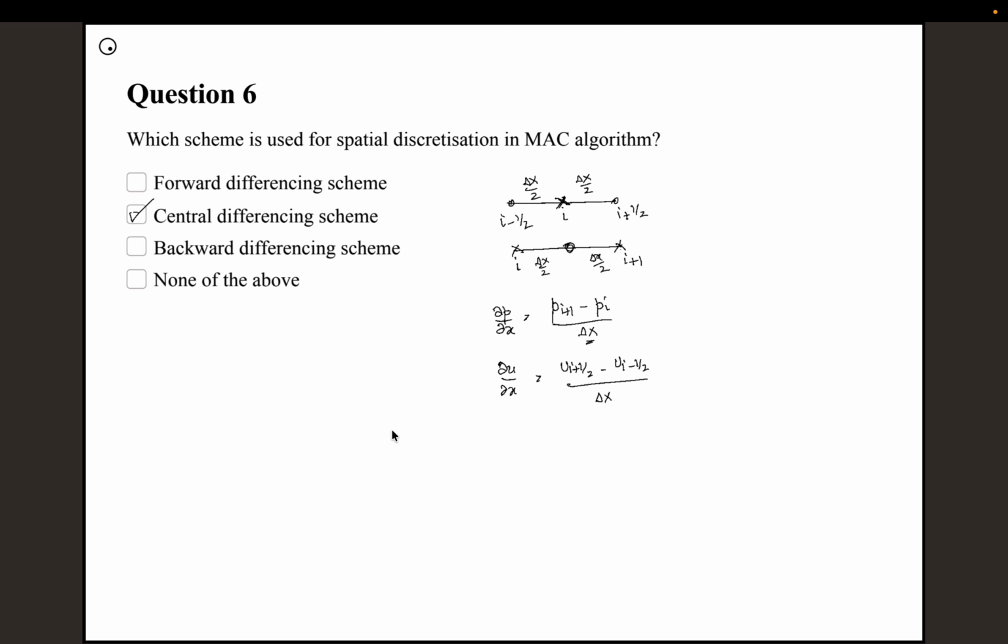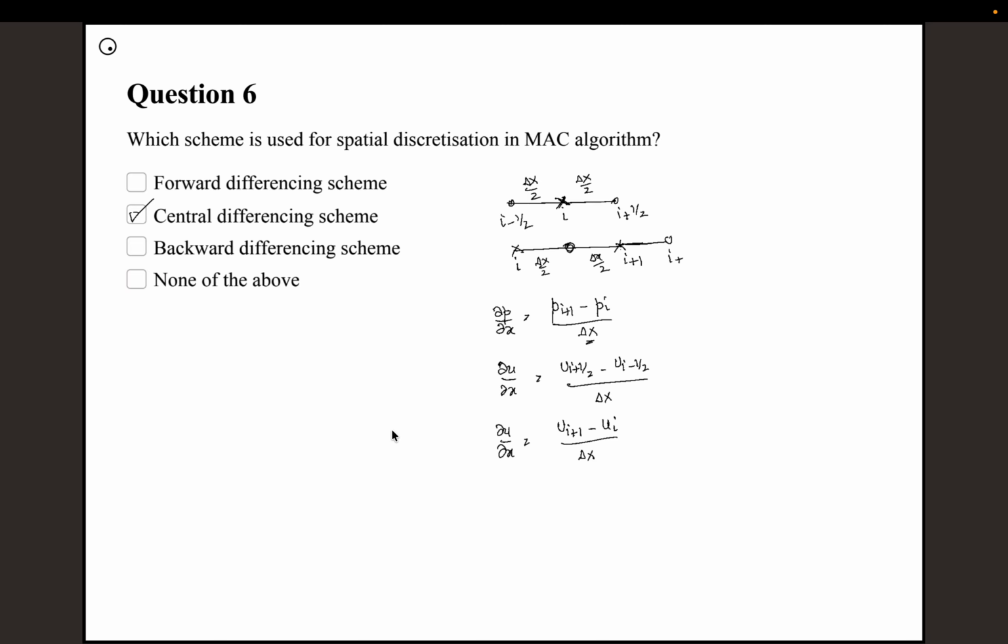And in the momentum equation, we are doing a slightly different thing where we are discretizing at this point. For example, if I want to calculate del u del x here, I could have done ui plus 1 minus ui by delta x, but instead of this, we are expanding this a little.